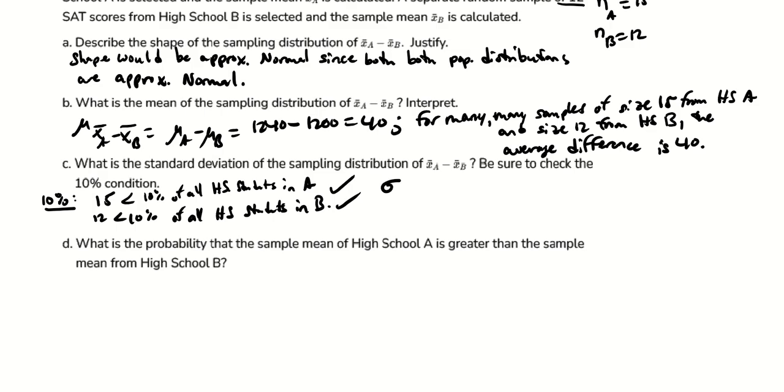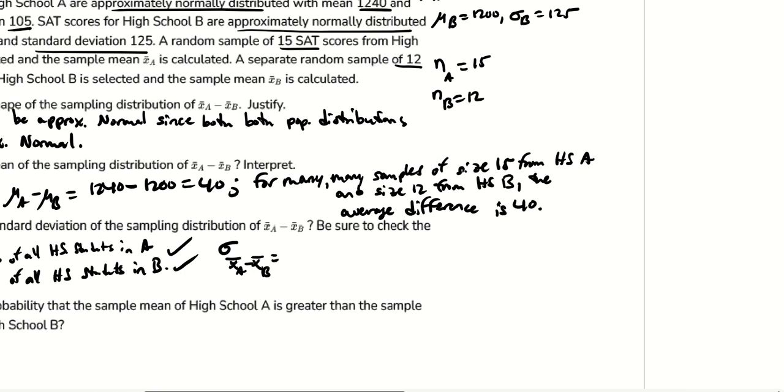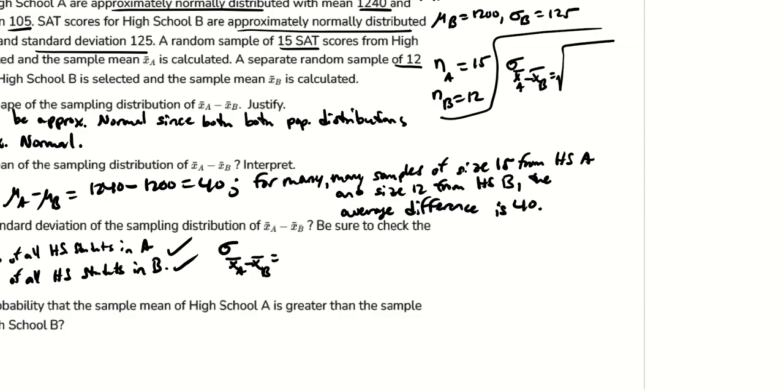So standard deviation. Okay, so let's write the formula for that. So the formula for the standard deviation of x bar A minus x bar B is square root of sigma squared A over NA plus sigma squared B over NB.